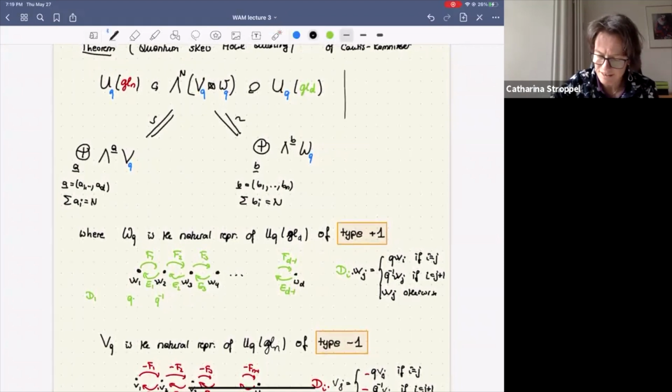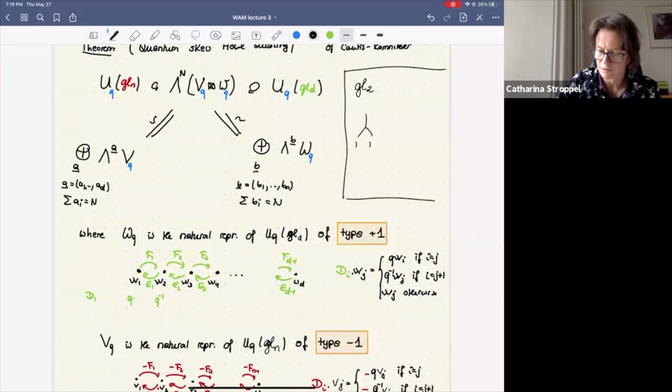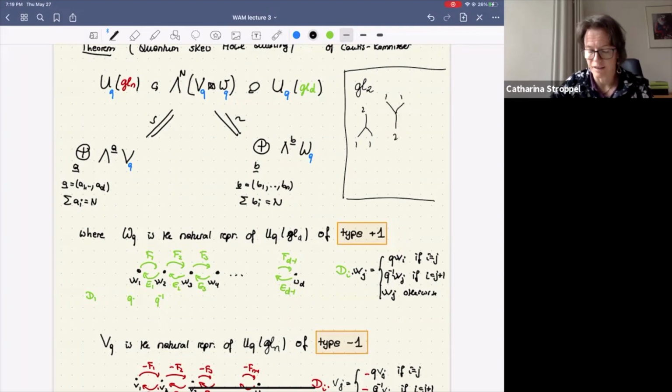Okay, so it's very easy to make the connection. So take GL2. So my n is 2. So I would have things like this going from 1, 1 to 2, or going from 2 to 1, 1, like that. And now pass to SL2. In SL2, the second wedge is the same thing as the trivial representation.